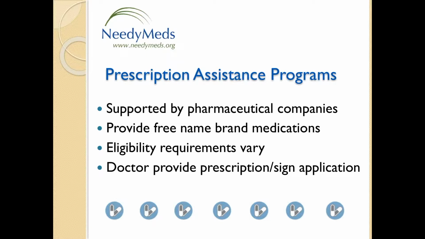One quick thing I want to mention before we get into the prescription programs and how to find them: as I said, not every drug will have a program that will offer you price assistance. When that happens, you can always call the pharmaceutical company directly and ask them to make an economic hardship exception.